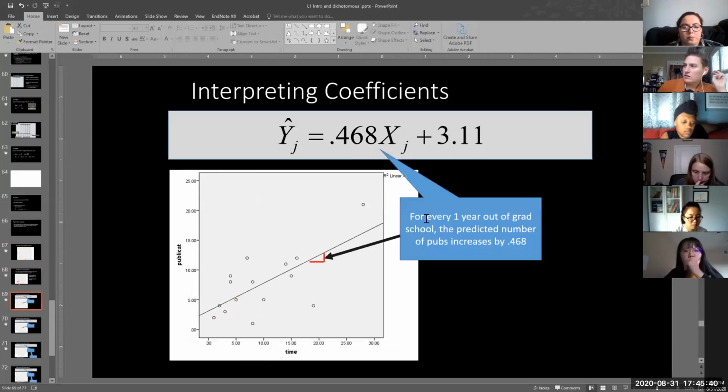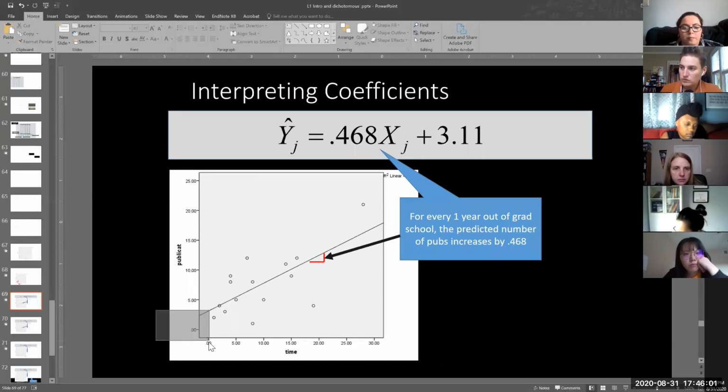And let's do the slope. So I have a slope and I have an intercept. My y-intercept here is the number of publications that I would expect for someone who just graduated. So someone who has 0 years from PhD, right here. You see where they are on my line?